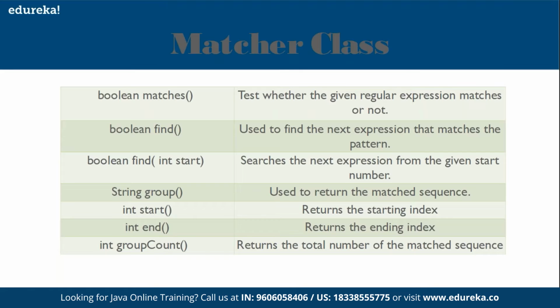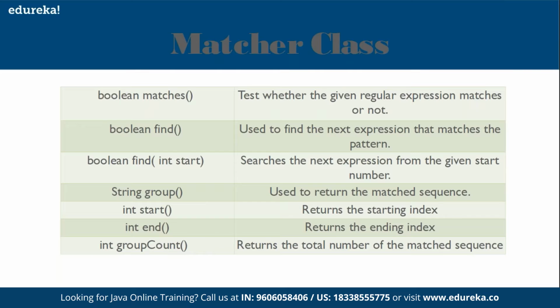And we have find with an int start, which searches for the next expression that matches the pattern from the given start number. And you have group, used to return the matched subsequence. And you have the start method, which returns the starting index. The end method returns the ending index of the matched subsequence. And you'll also have int groupCount, which returns the total number of matched subsequences.